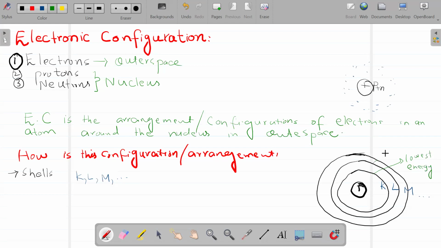Then the L shell has the next higher energy than the first one, and shell M has the next higher energy level. So we can also call these shells energy levels.